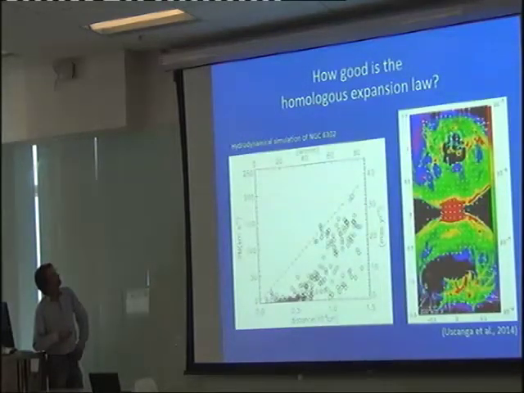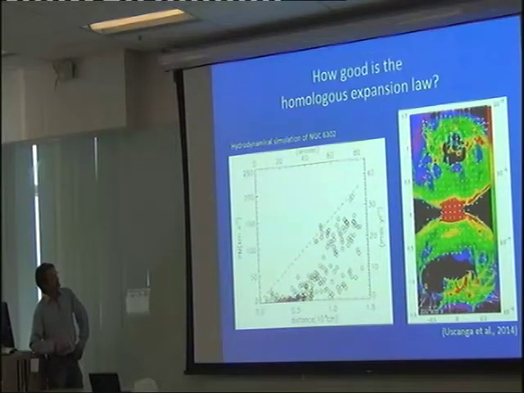Now, these are hydro simulations that were done by Usganga last year, and they also determined the proper motions in the simulation of that kind of NGC 6302. And they found that the proper motion in the near region is basically flat, nothing there, and then goes up, but is quite scattered, and it's kind of a linear boundary, but not really nice.